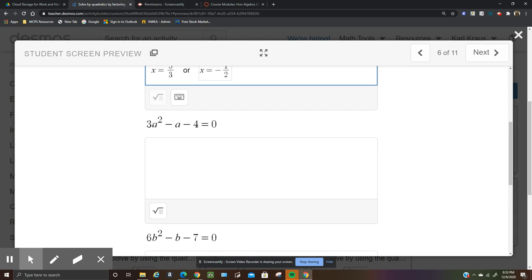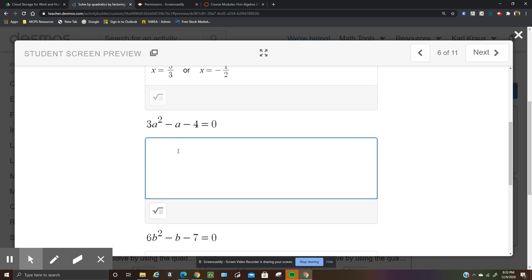So number 2 here, we want to multiply 3 times negative 4. And that's equal to negative 12.